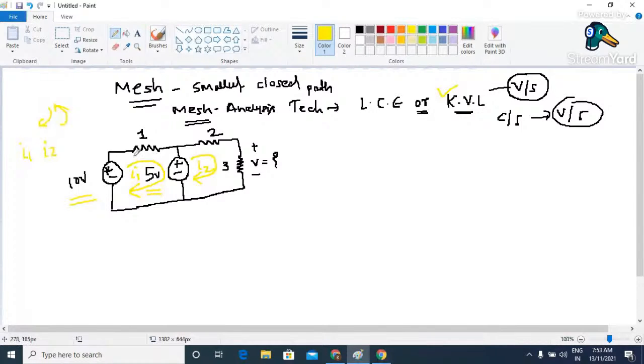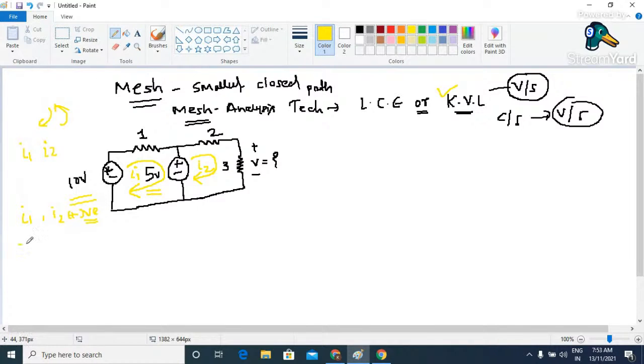For example, here I have assumed the current through mesh 1 is I1 in clockwise, and mesh 2 is I2, again clockwise. If I solve the equations and get I1 and I2 both positive, the directions I assumed are correct.